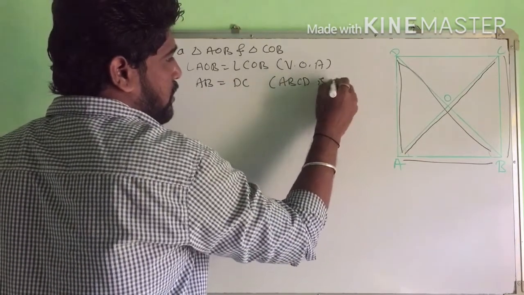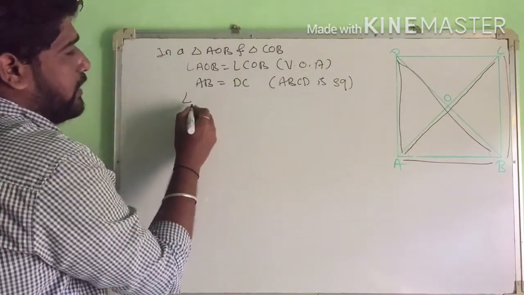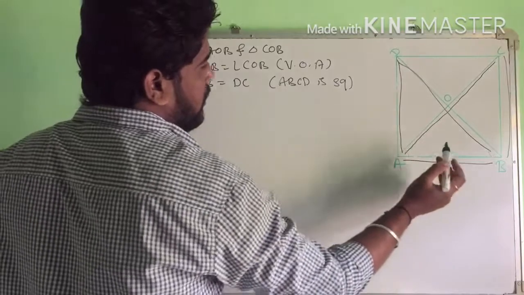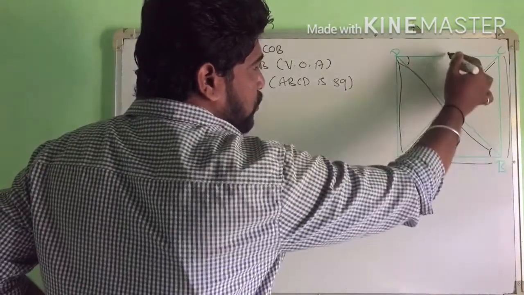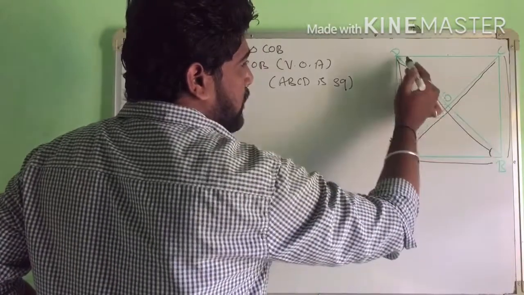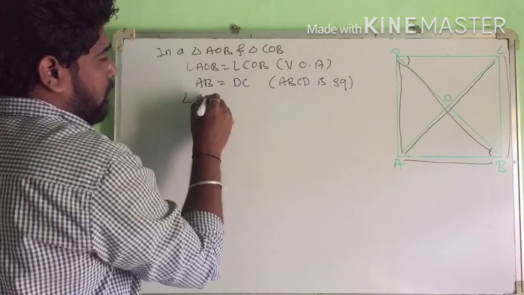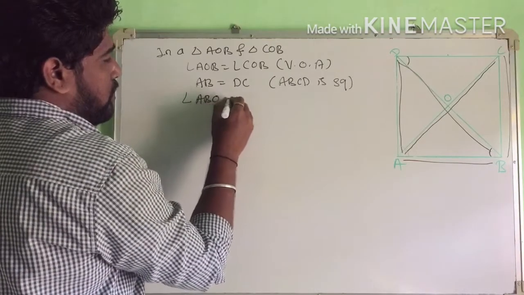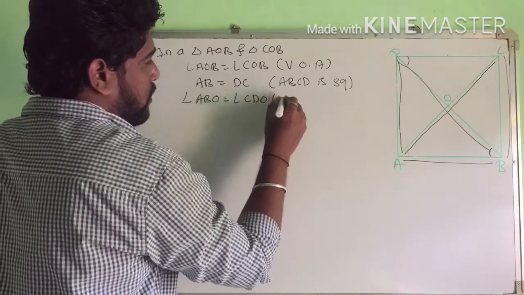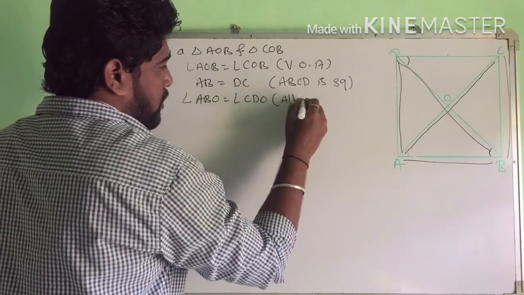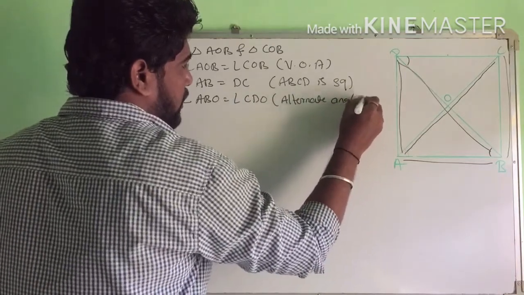ABCD is a square, right? And the angles, see here, these two angles are equal because these two lines are parallel, meaning alternate angles. So angle ABO is equal to angle CDO, alternate angles.